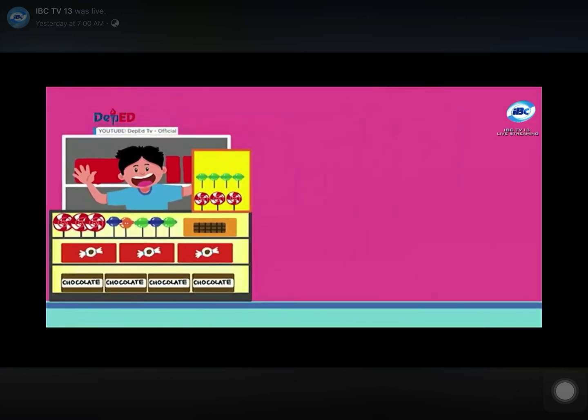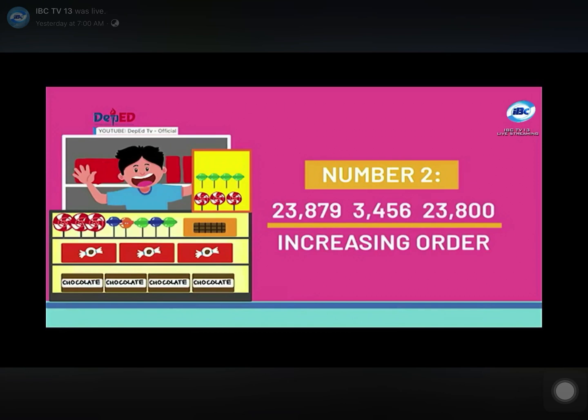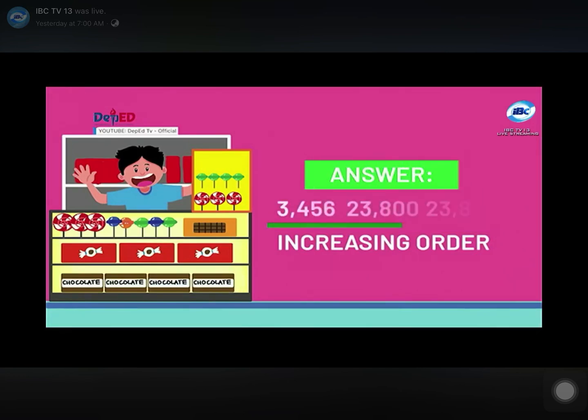Number 2: 23,879, 3,456, 23,800. The correct arrangement is 3,456, 23,800, 23,879.